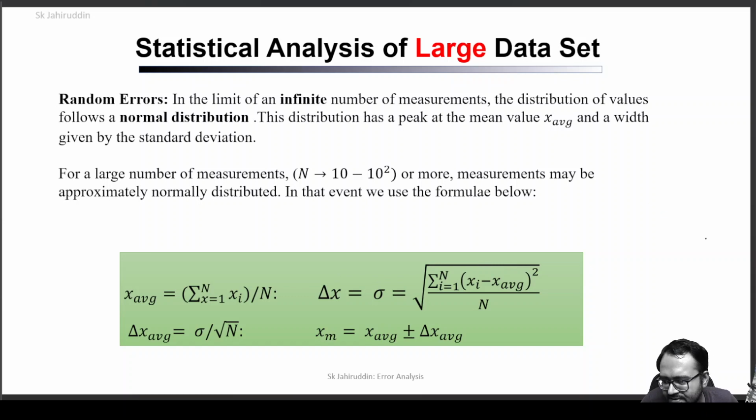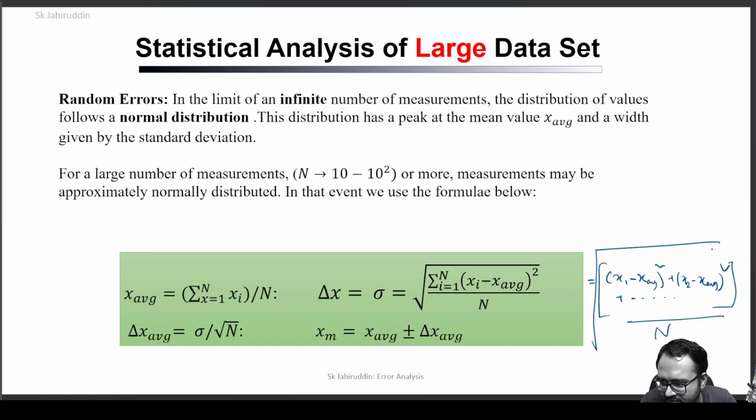formula properly. This is actually nothing but x1 minus x, the average, like this, divided by n, the number of measurements, with a square root over everything.